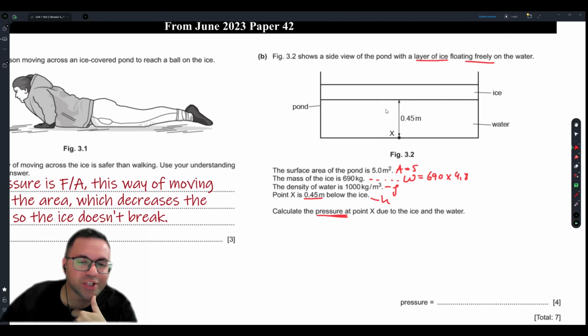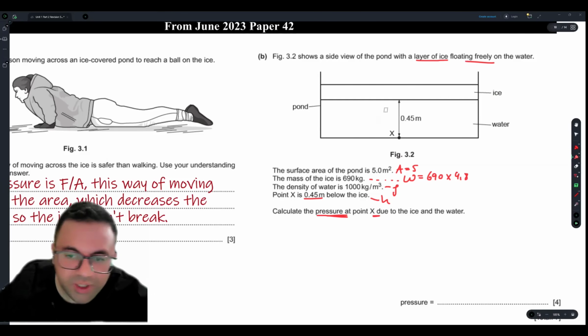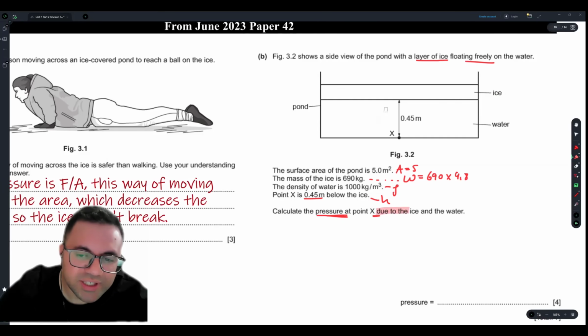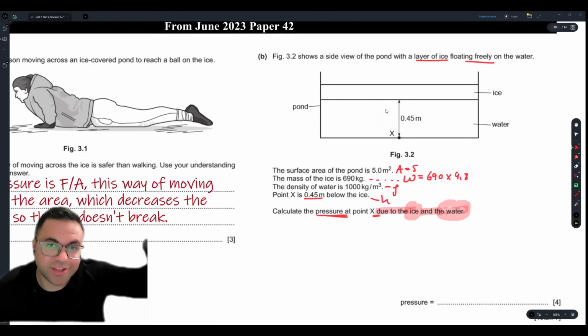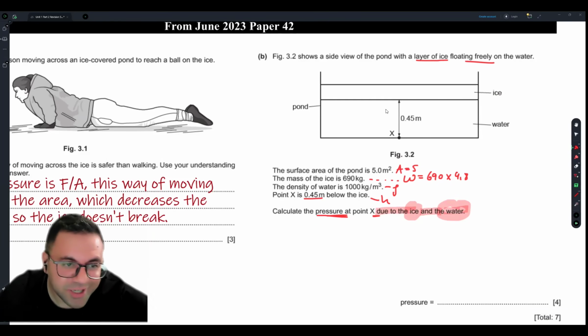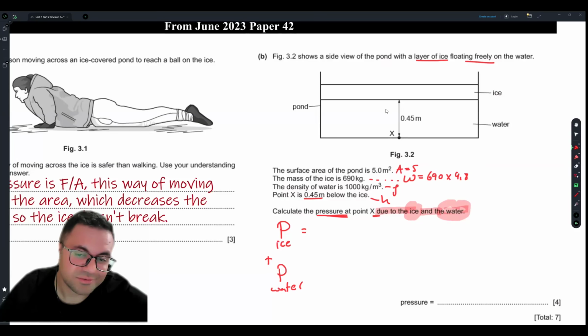Calculate the pressure at point X. Look at the language. Due to the ice and the water. So there are two pressures that I'm calculating here, and then I'm adding them up. The pressure of the ice and the pressure of the water. And then I add them. Pressure of the ice, that's a solid.